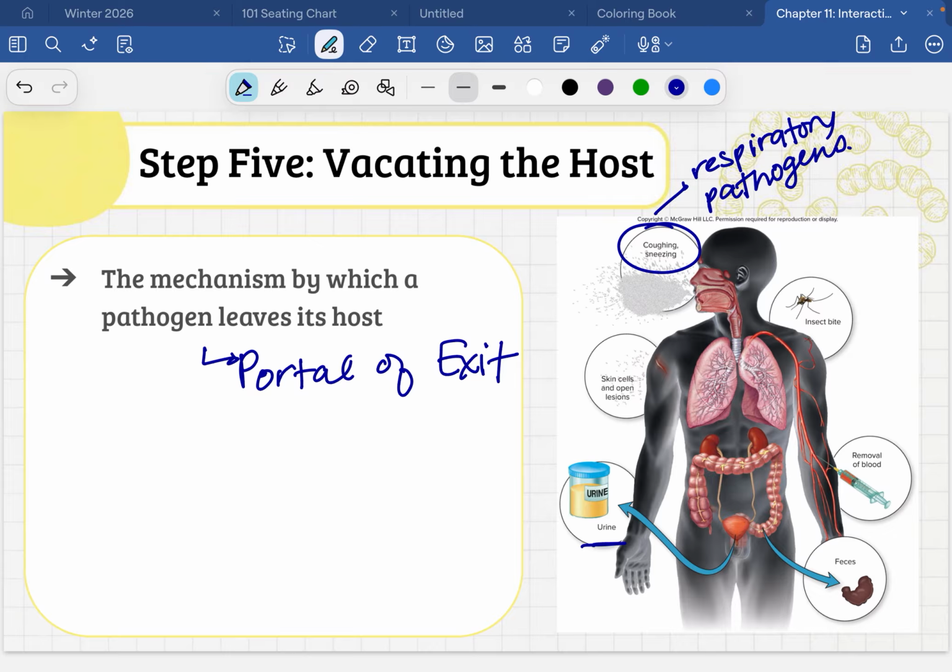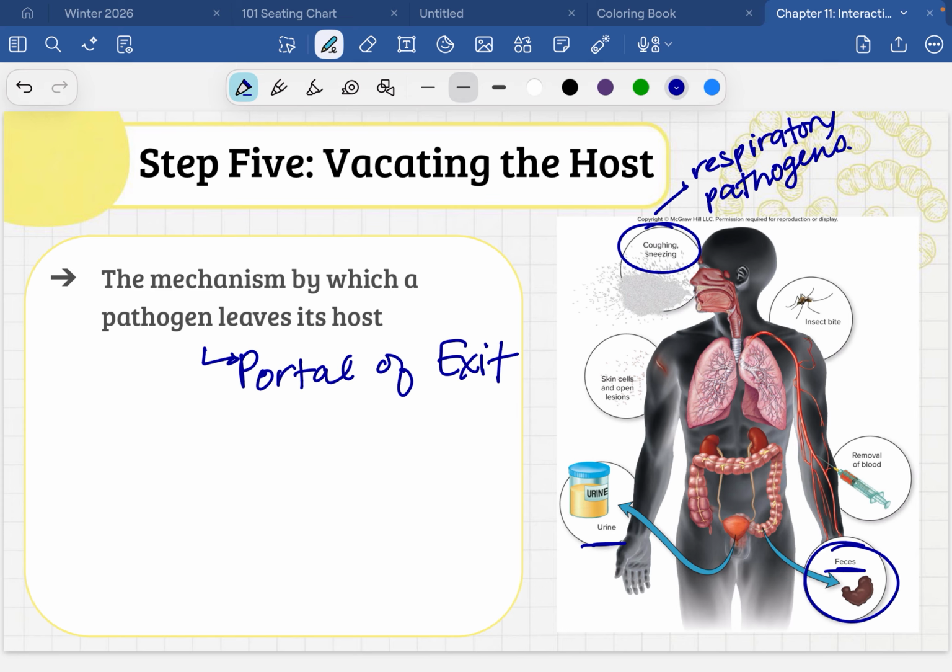Urine and feces are other big ones, particularly feces. Feces is a huge portal of exit for a lot of organisms. A lot of diseases are spread through what we call the fecal-oral route, meaning that feces from one person manages to get into another person.